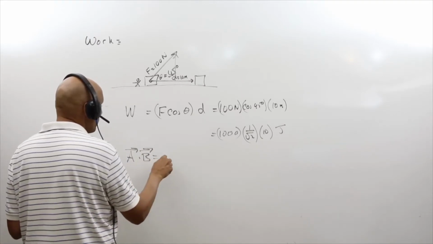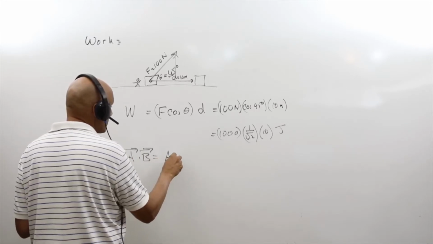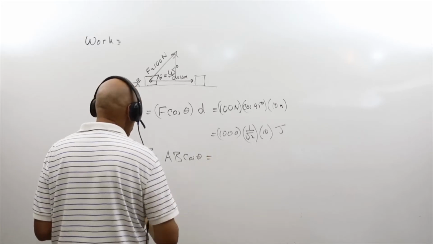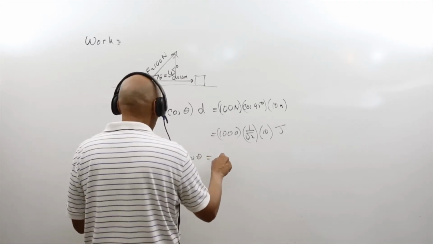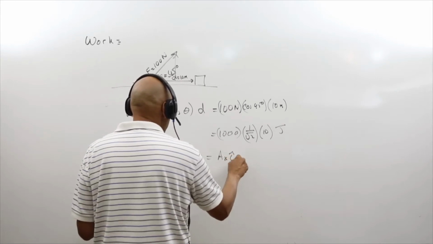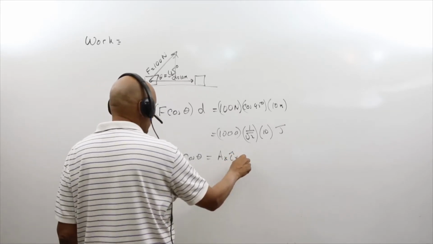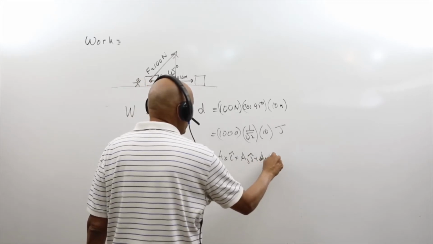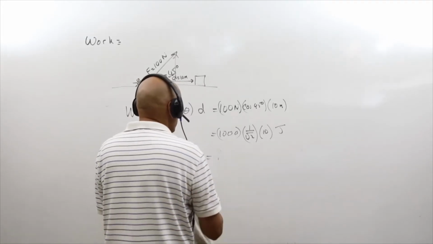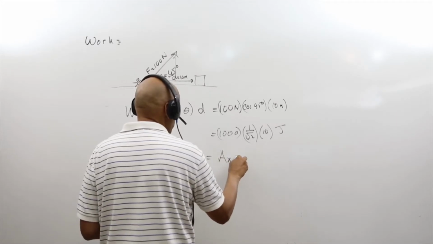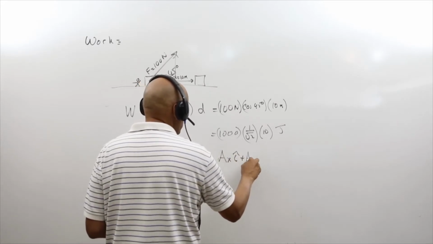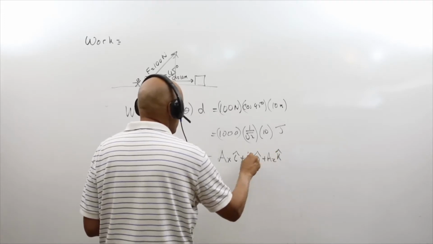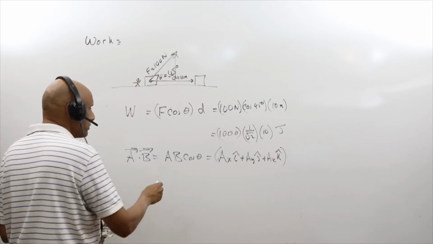A dot B, we could say, is the magnitude of A times the magnitude of B times cosine of theta, which just happens to be also equal to the sum of components. So if the A vector is AX i plus AY j plus AZ k, and likewise for B. So there are two definitions of the dot product.